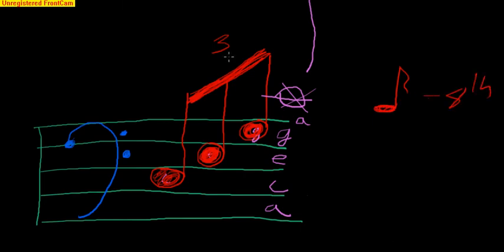Eighth note. But then it has this 3 above, which makes it a triplet. So this entire piece takes up one beat. Each of them takes up 1/3 of a beat.